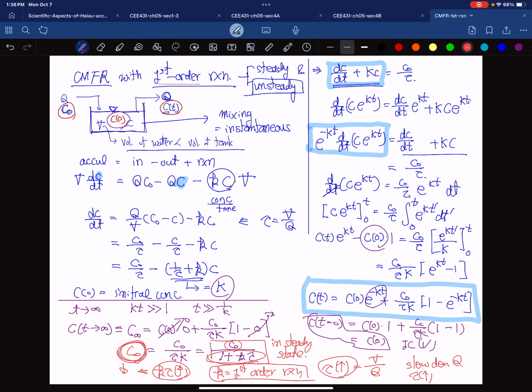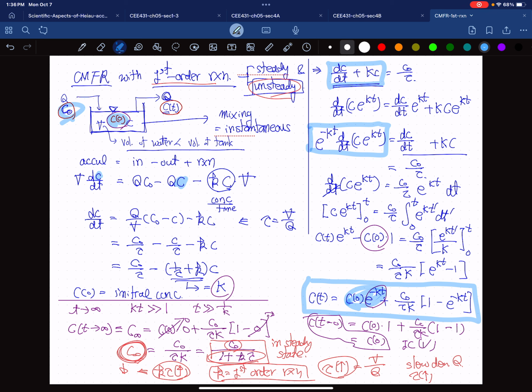Okay, that's it for CMFR with reaction in unsteady state. So you actually have a couple of parameters. Those are the initial concentration, where when the reaction starts, what is the leftover concentration. But this one is not important. Usually it is the same order or less than the inlet concentration.